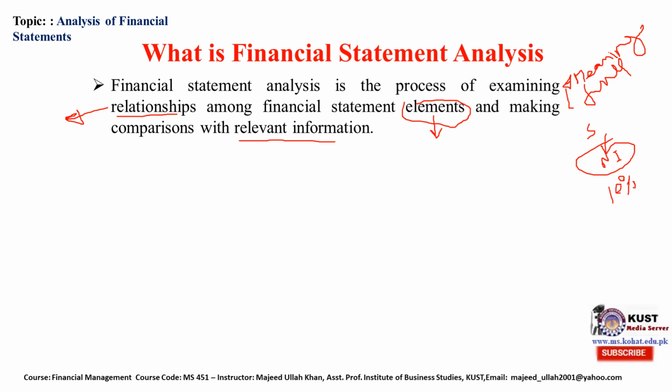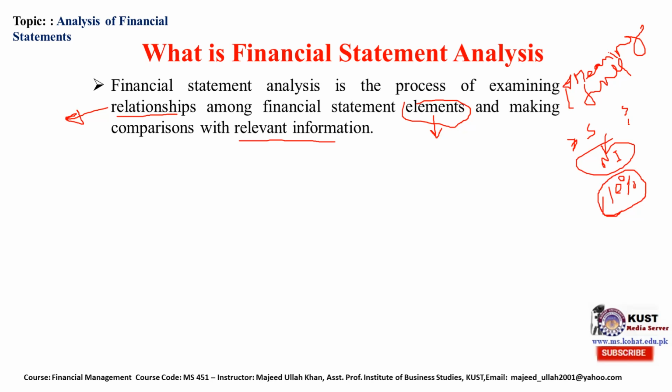It means that if we sell 100 rupees, 100 rupees of sales will give the company earnings of 10 rupees. So it is meaningful information.